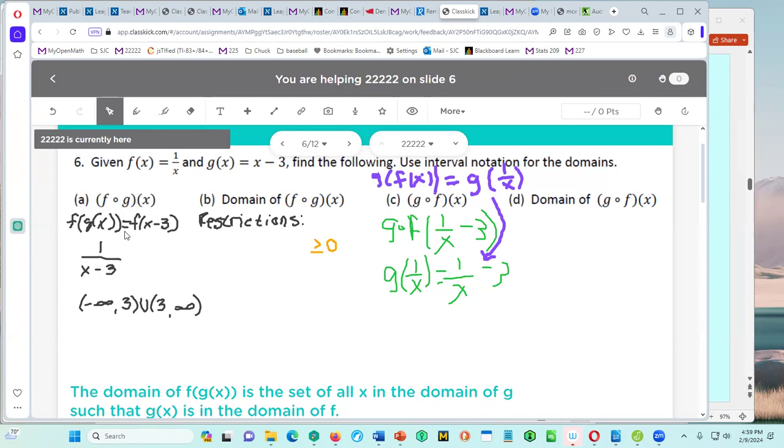So now G composed with F, we know that's 1 over x minus 3. What is the domain for that? What is the set of allowed x values, or the set of allowed inputs?